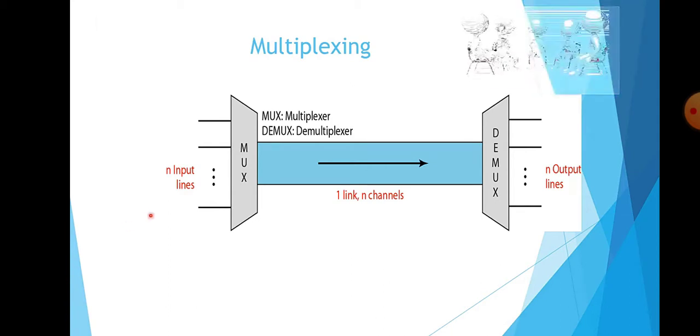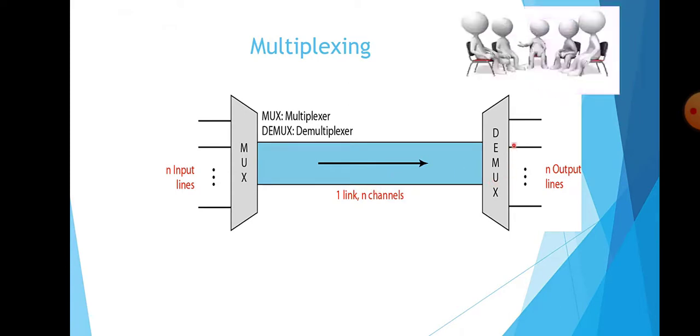Here we can observe that we are having n input lines, and those n input lines or multiple streams can be combined into one stream, and that one stream can travel through the given link. And across the demultiplexing block, once again, the single stream can be separated into multiple streams. So we can say that n lines can share the bandwidth of one link.